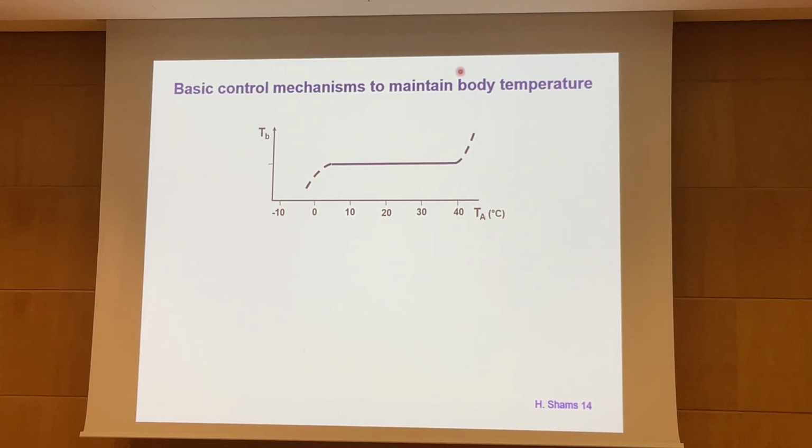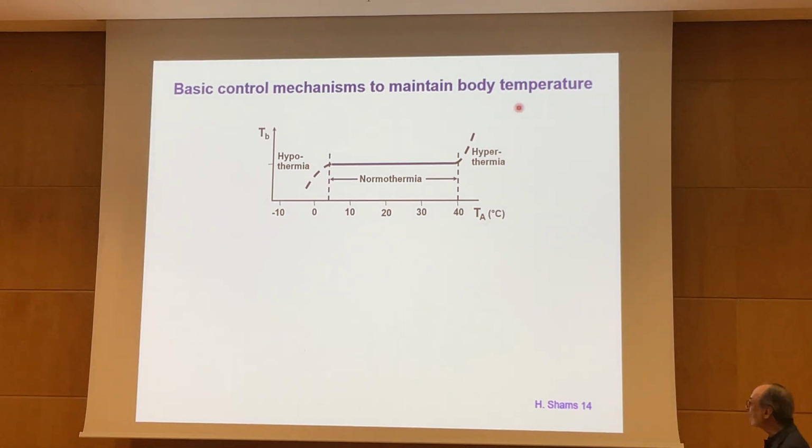And that is what we call hyperthermia. So in this part, we have normothermia, and that is well regulated in this range. And on both sides here, we get hypothermia and hyperthermia.